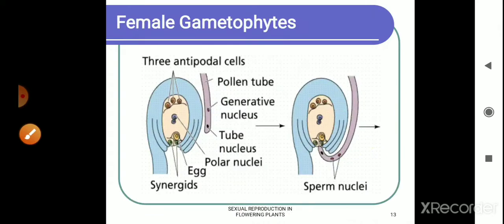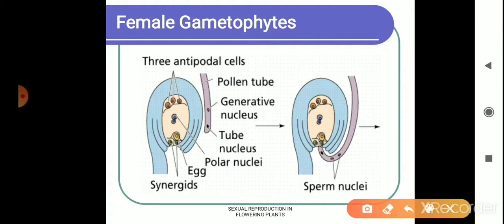Here you can see this is the micropylar end, this is the chalazial end, and the funicle lies here. All three do not lie in the same plane, so this is called an anatropous ovule. Separate conditions are present in different plant species.